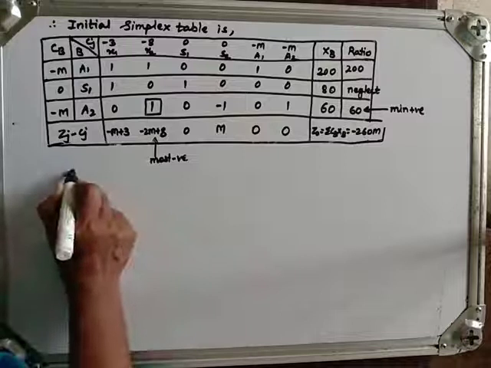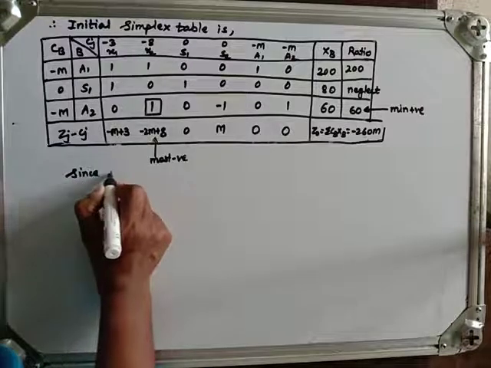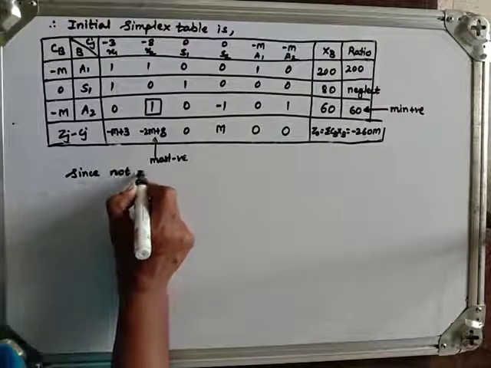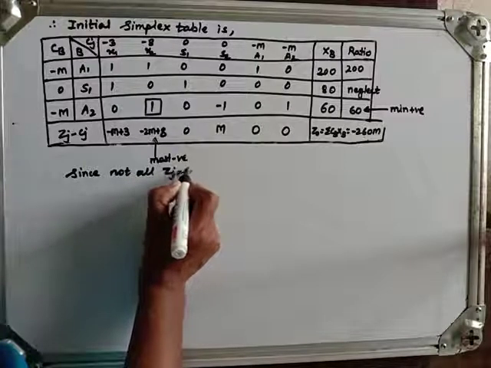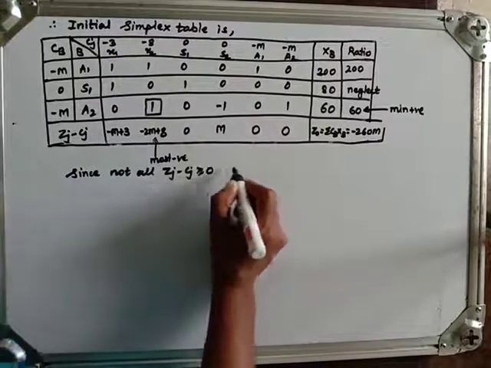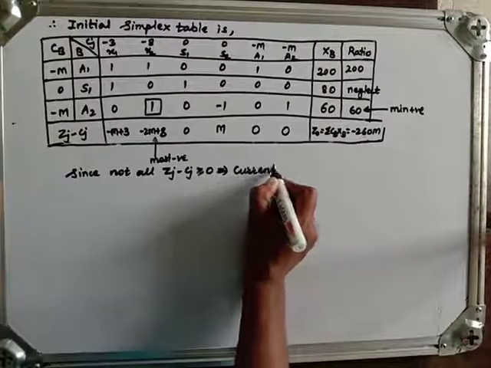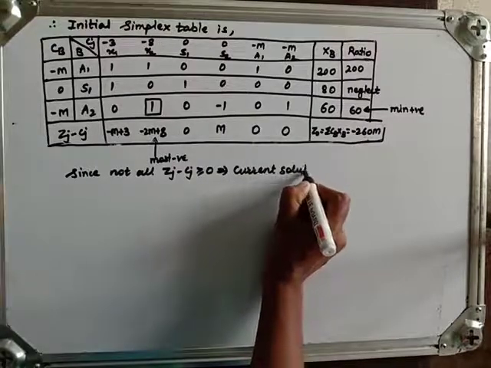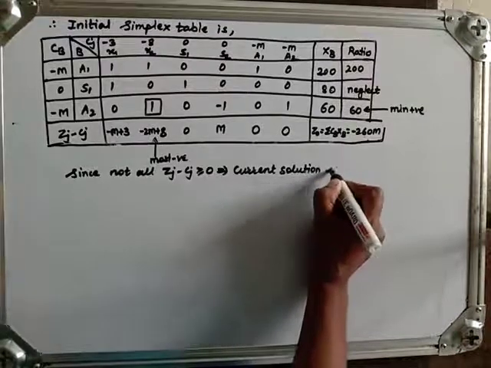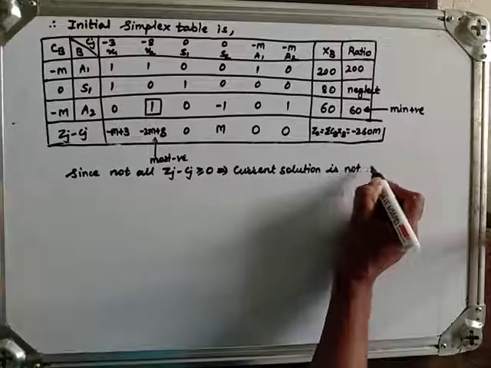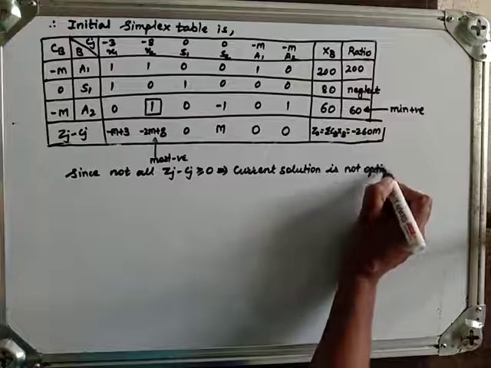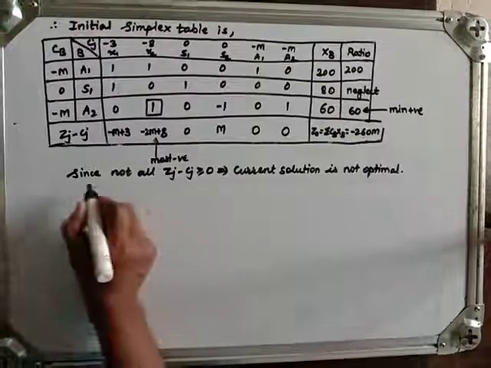So here I must write, since not all Zj minus Cj greater equal 0, so this implies current solution is not optimal. Current solution is not optimal.